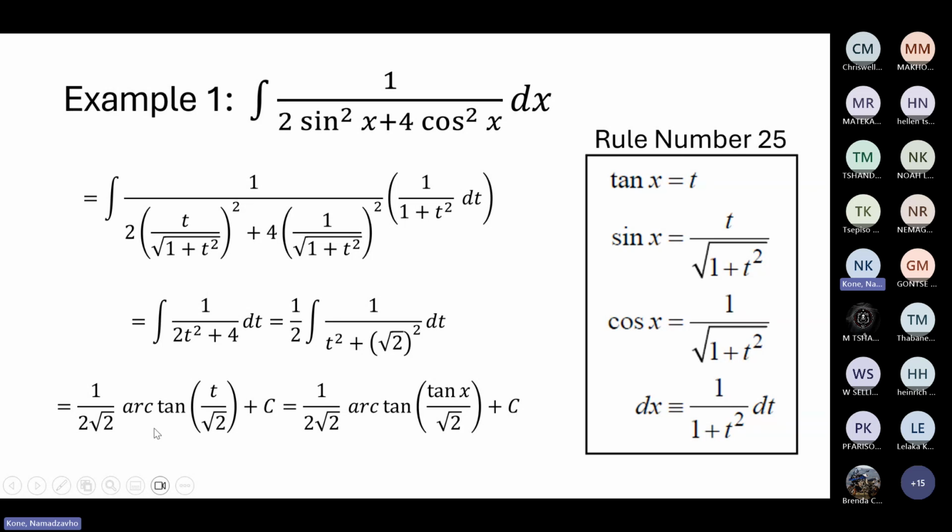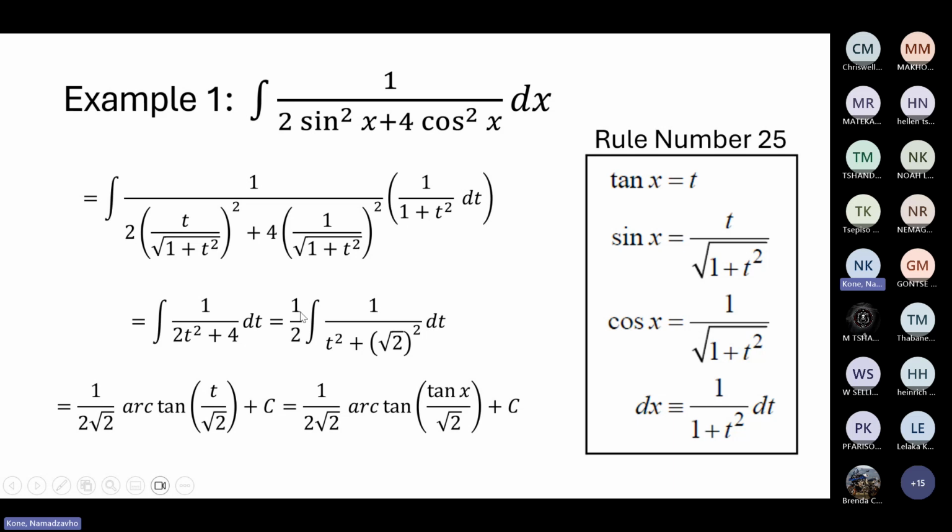So the first part is when we are still using t. According to rule number 25, f of x squared plus a squared, the integral thereof is arctan of f of x over a. Our f of x is t, so there is t over a, which is square root of 2. How did we get this one?